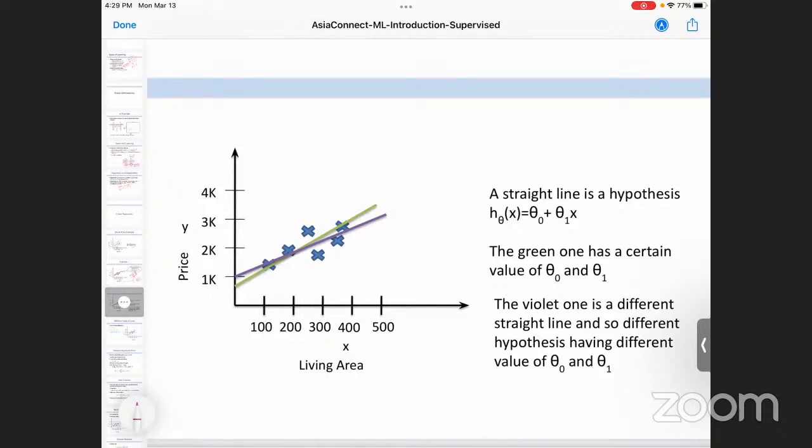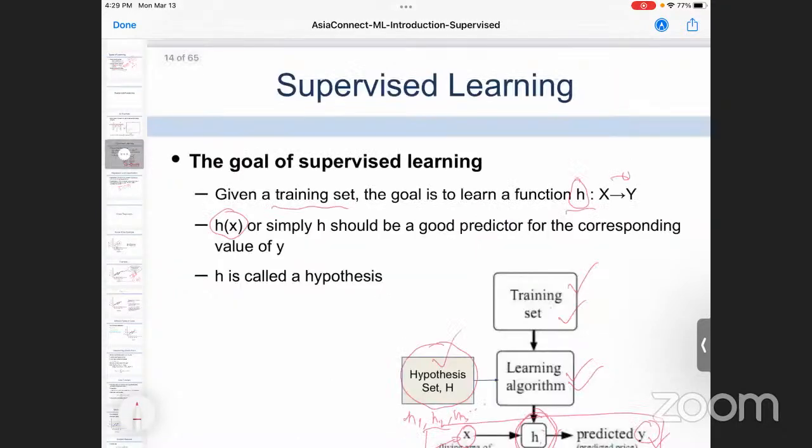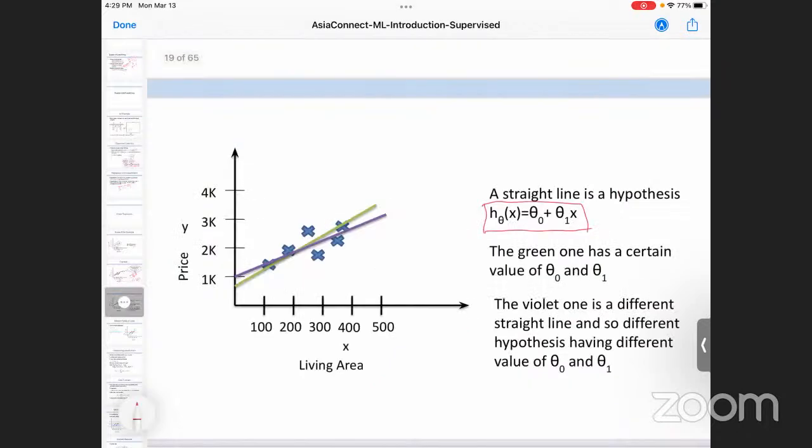So here, the straight line. I have told you about the hypothesis set in my architecture slide. For linear regression, what is the hypothesis set here? The hypothesis set is all possible lines. So H can contain any line. It can be this line, this line, or this line. I restrict the hypothesis set using two parameters, theta 0 and theta 1.